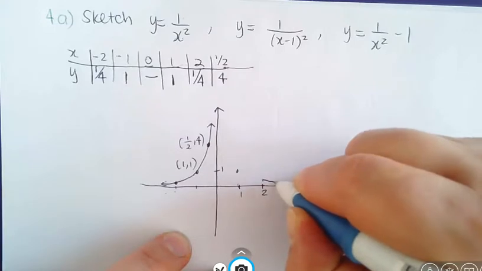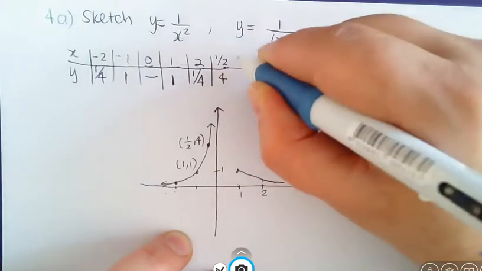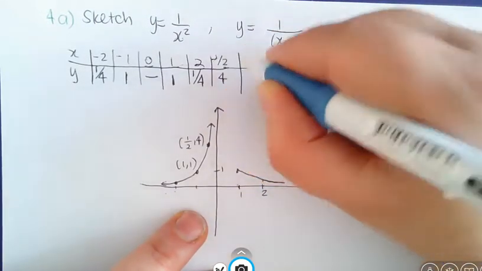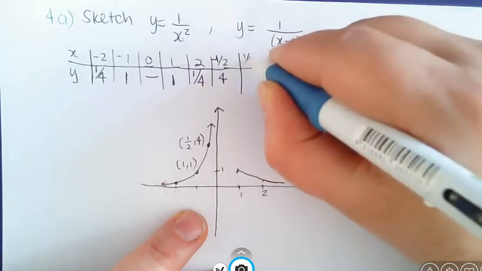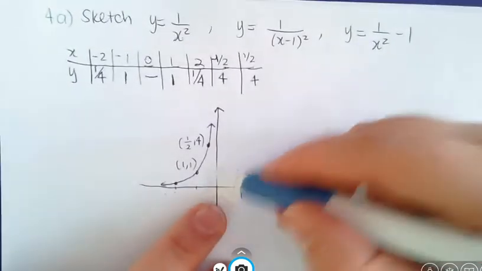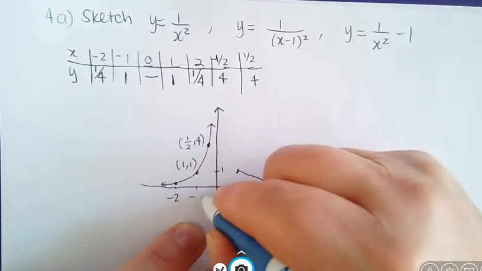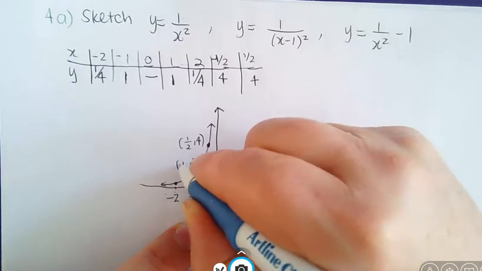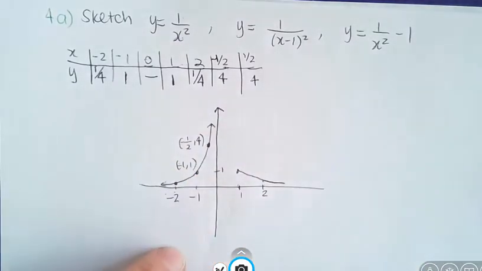What do you think is going to happen now? Oh, that was negative 1/2, sorry. Positive 1/2 is the same thing: 4. That was negative 1/2, obviously. I keep putting positives where they're negatives.